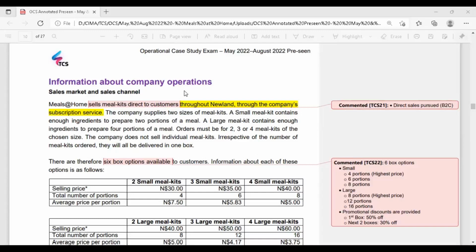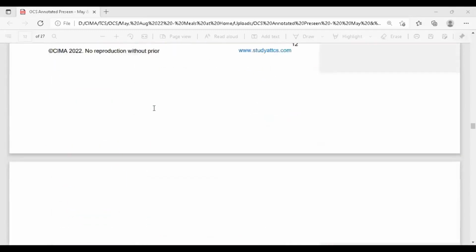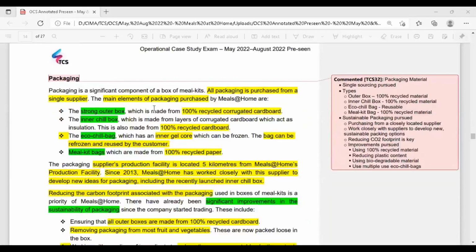As I told you earlier, I've done a video covering this area. It's already uploaded, so go to our website and check out the video pertaining to the information relevant to company operations. And in the third video, you'll have access to information pertaining to an industry analysis. Okay, so I'm talking about this area.